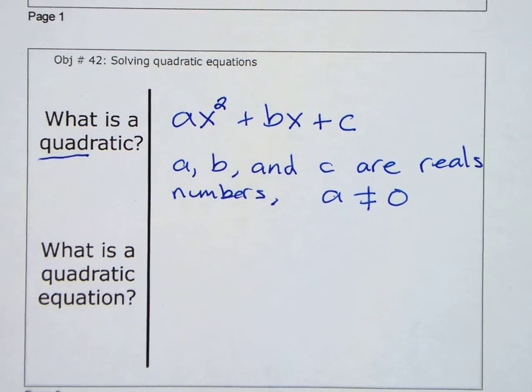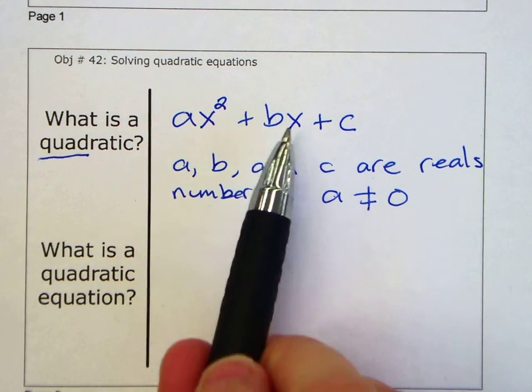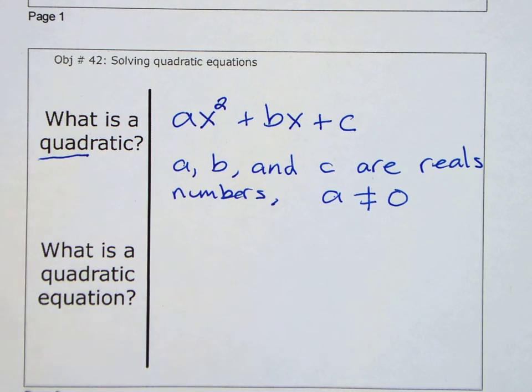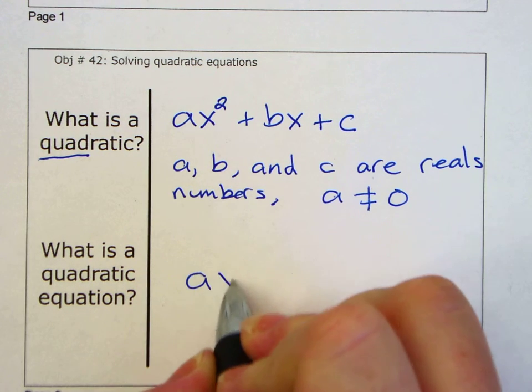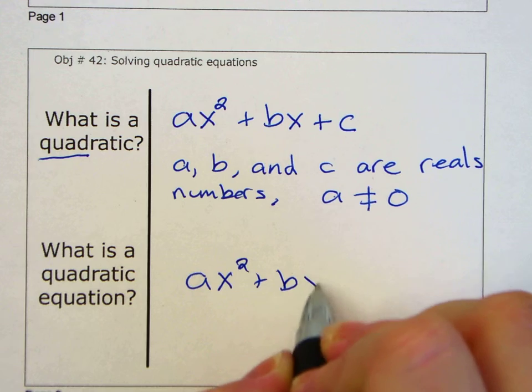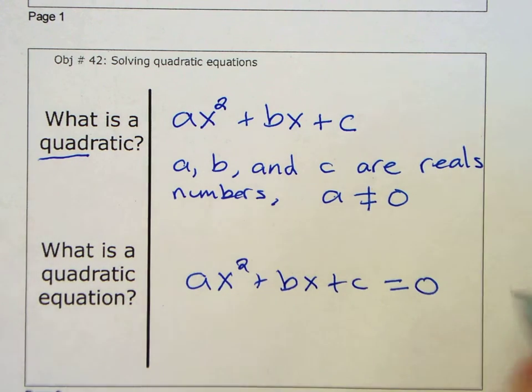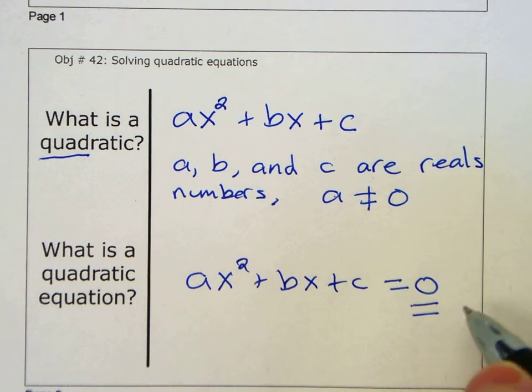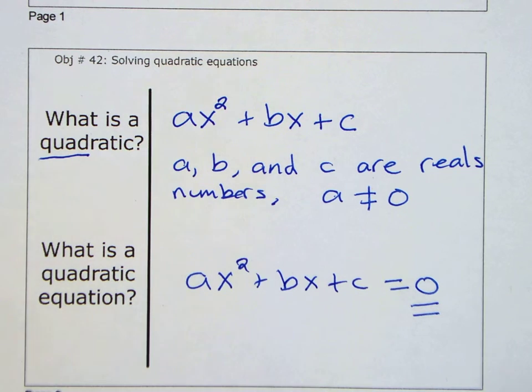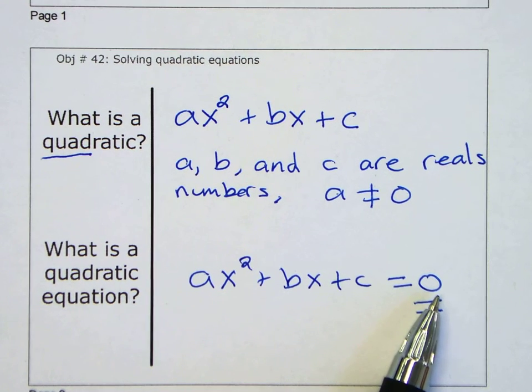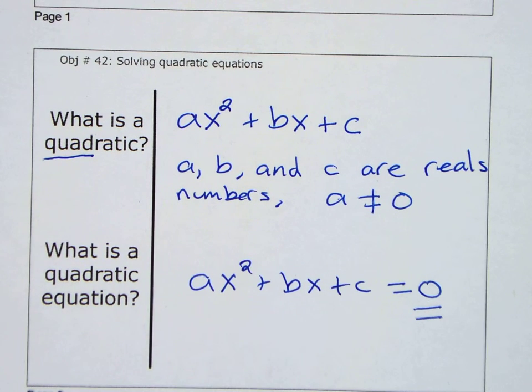What is a quadratic equation? Just turn that ax squared plus bx plus c into an equal sign. Equals 0. Now that equals 0 is very, very important. If you don't have an equals 0, you're going to have issues solving. So we always want to make it equal 0 if it's not.